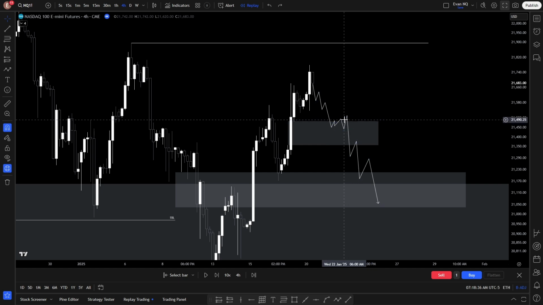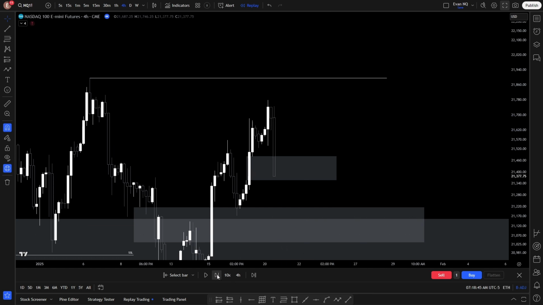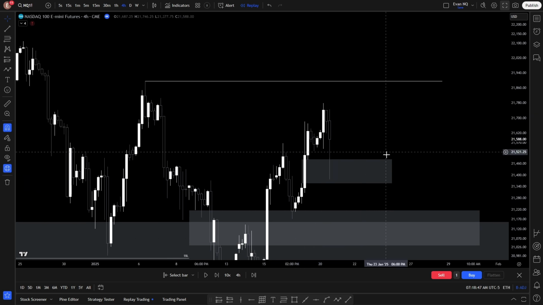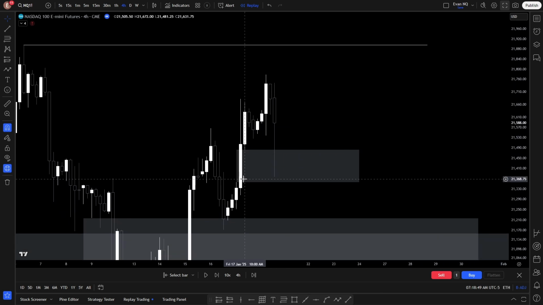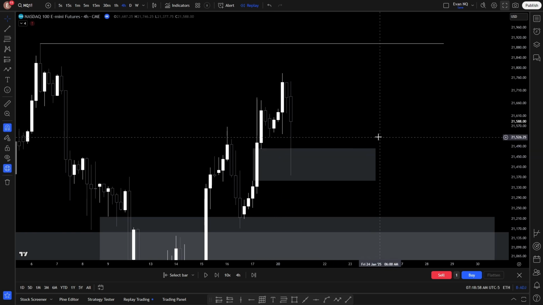So we have to wait to see what the wicks are telling us and what price action is telling us. So price comes down, we get this fat candle, and then you see this huge wick right here. This huge wick is telling us the story of what's happening when entering this fair value gap.